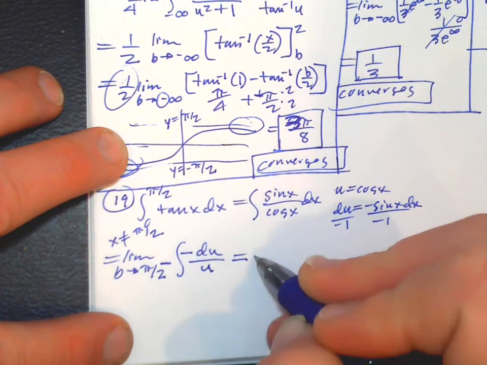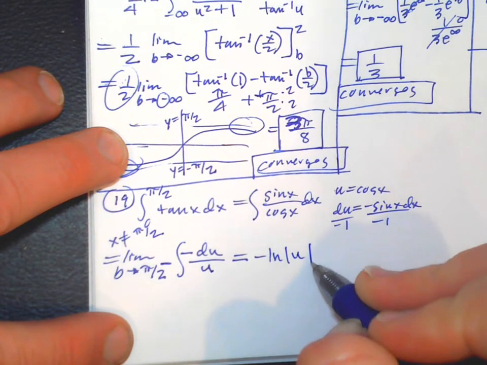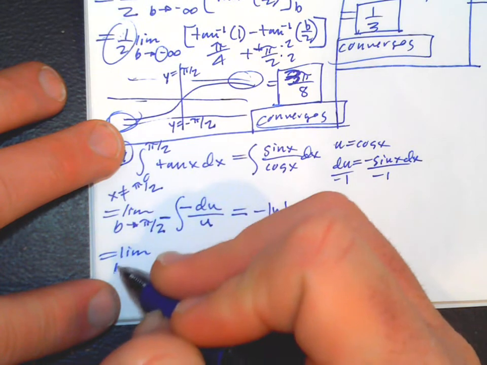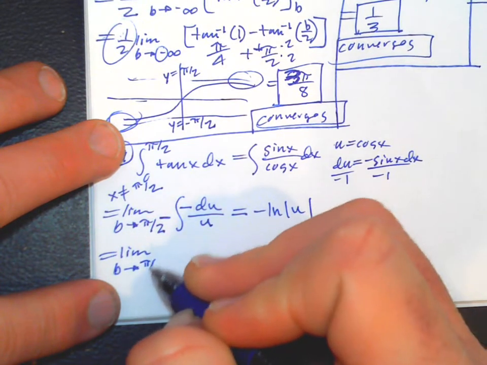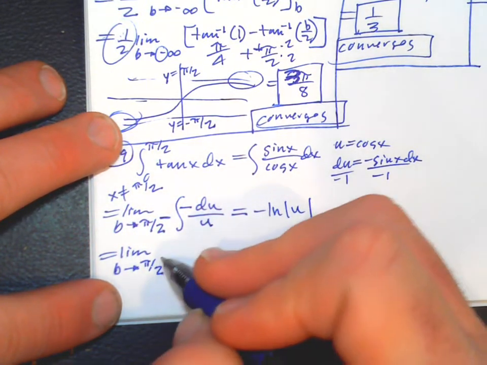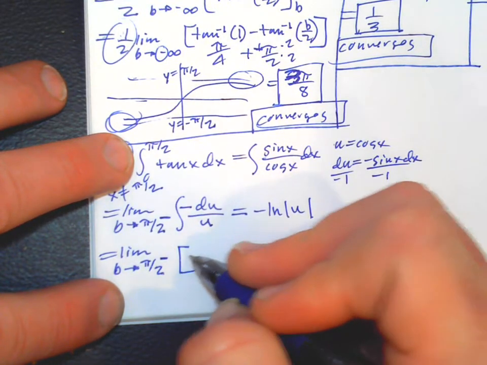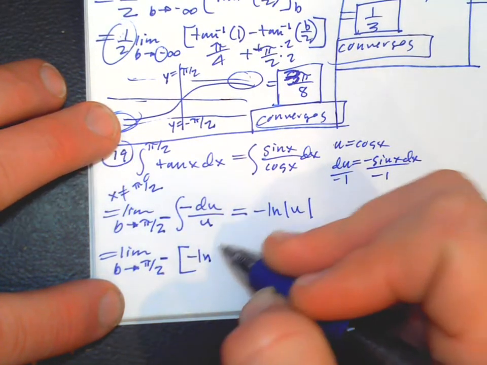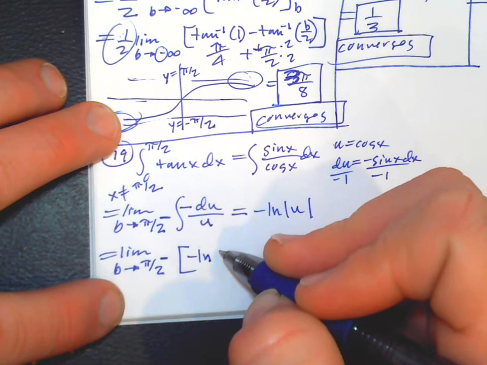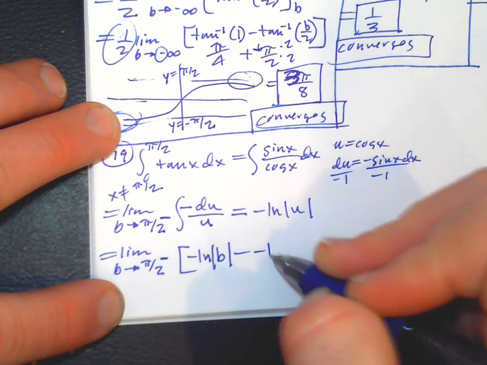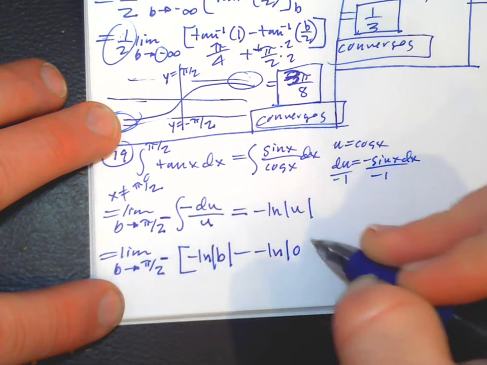So that's going to be negative natural log of the absolute value, and so it's going to be negative natural log of b minus negative natural log of 0.